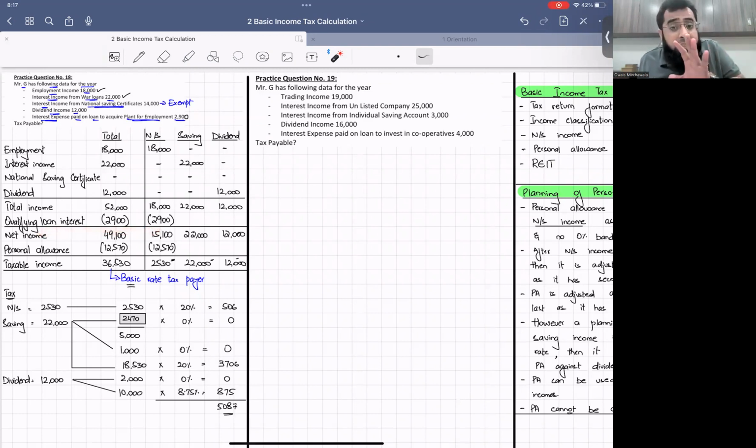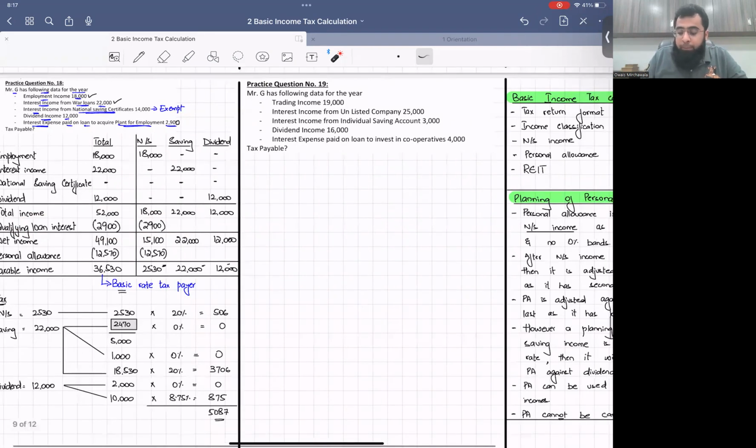I believe that there's nothing difficult in it. The interest expense is deductible from your total income. Is it clear?